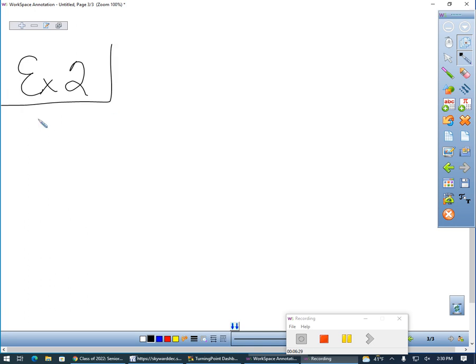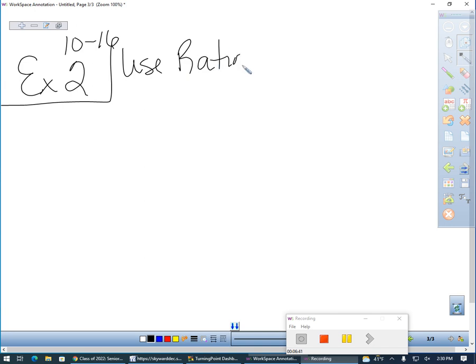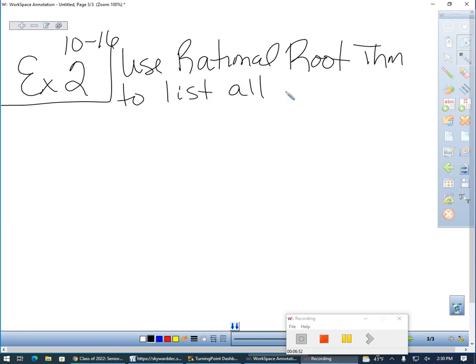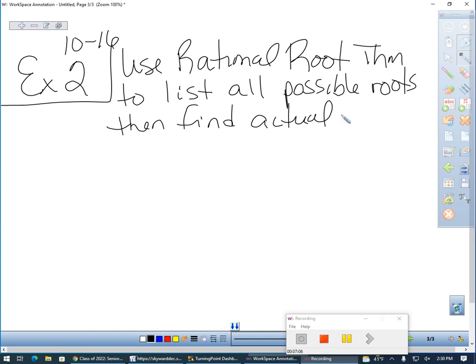This is exactly what you have to do for problems 10 through 16. The directions say use the rational roots theorem to first list all possible roots, then find actual rational roots.